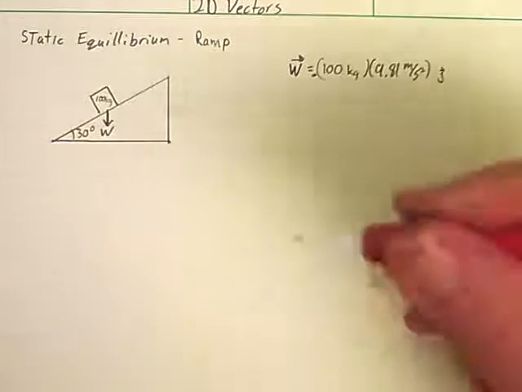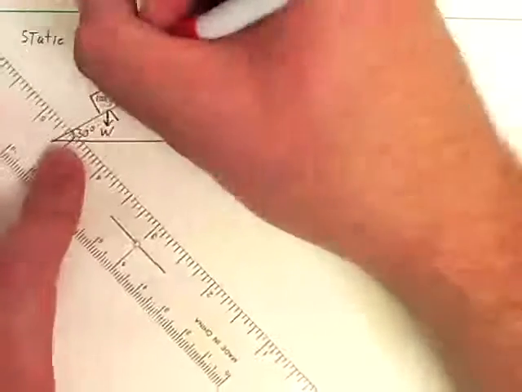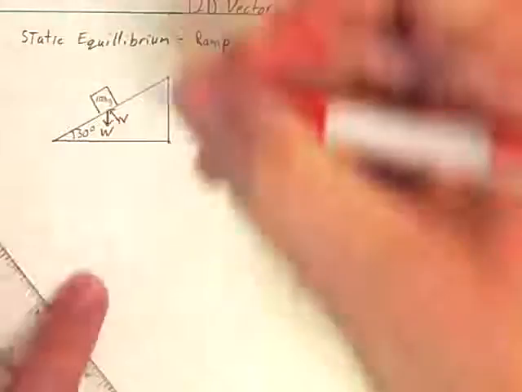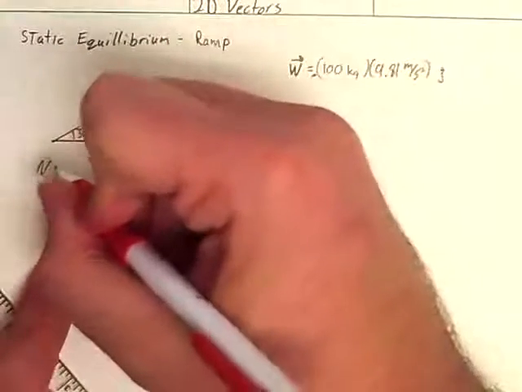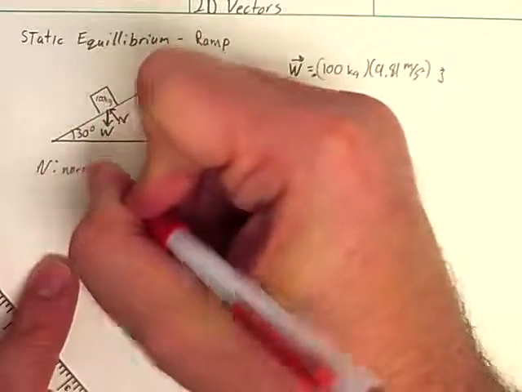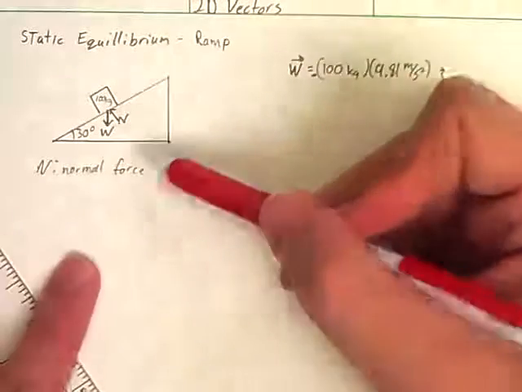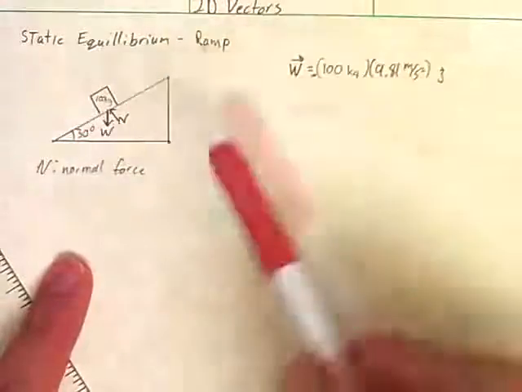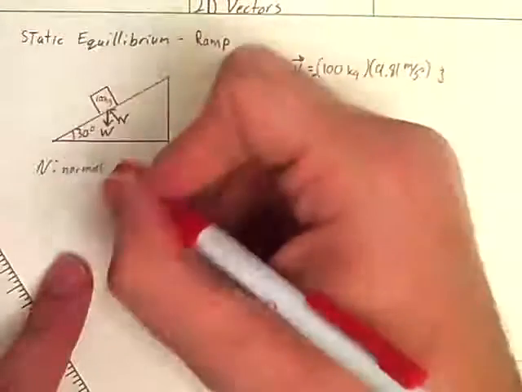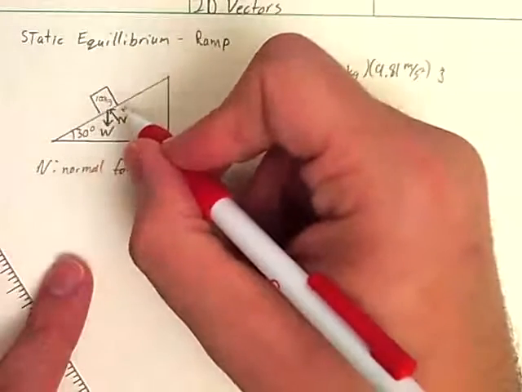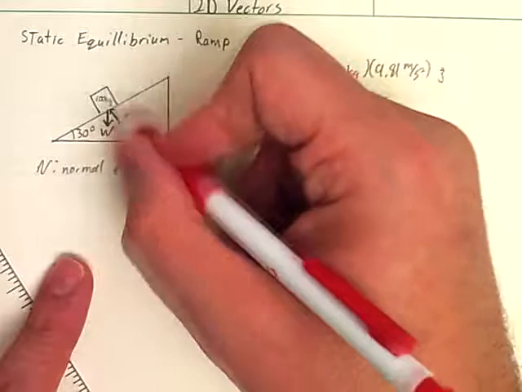The normal force is the force of the ramp pushing back on the box. It pushes back perpendicular to the ramp.